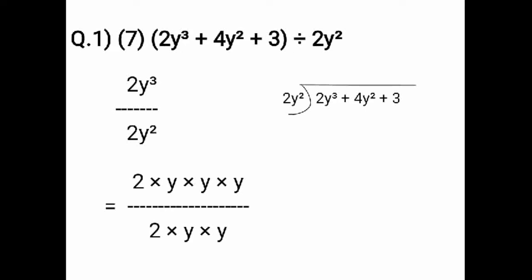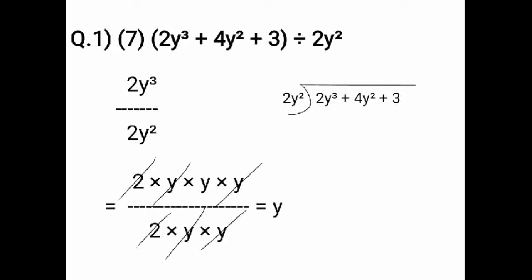Now start doing the cancellation. The 2s get cancelled. You have to cancel both the y on numerator and denominator. What is left now on the numerator? y. That is equal to y. When you divide 2y cube by 2y square, you get the quotient y.